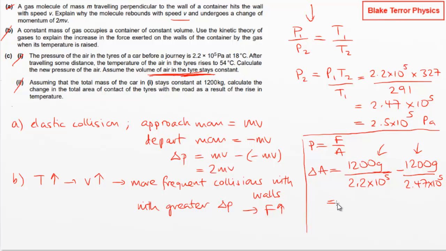I'm just going to go straight to the calculator, it's not particularly interesting. You get 0.005849 thereabouts, which is in metres squared. So let's say 5.8 times 10 to the minus 3 metres squared.